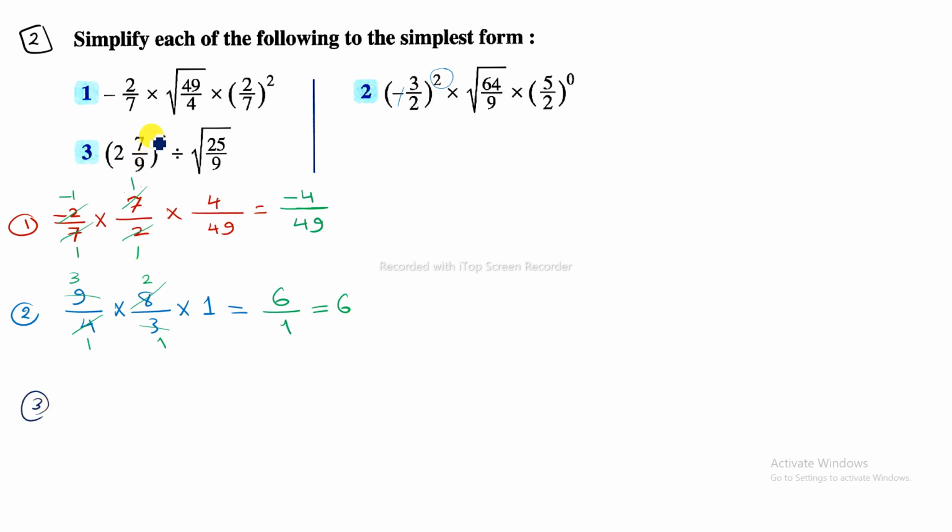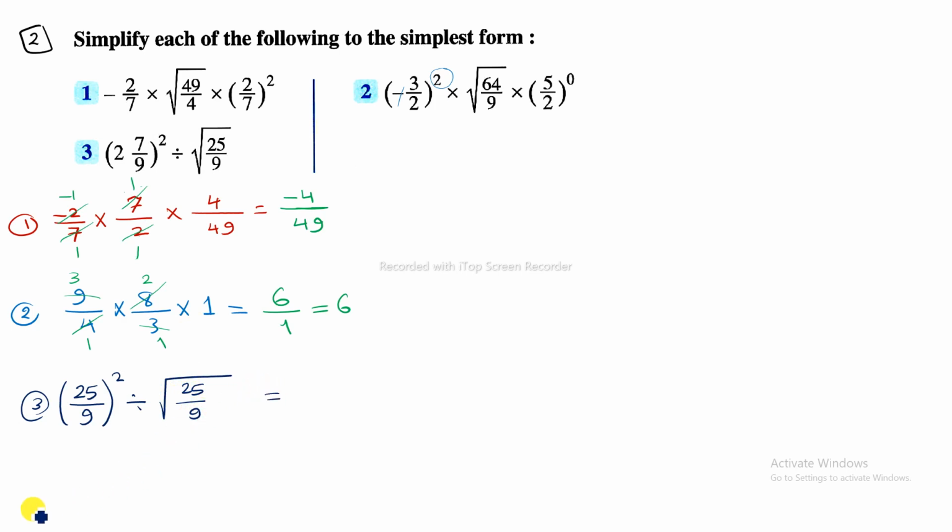Here 2 and 7 over 9 to the power of 2. Of course, convert the mixed number into a fraction. Here 9 times 2 is 18, plus 7 is 25, over 9, divided by square root 25 over 9.